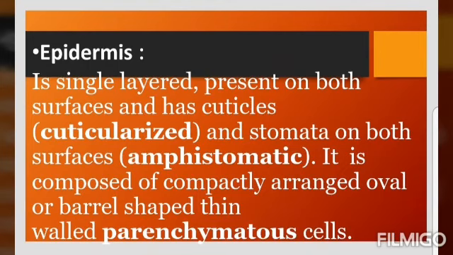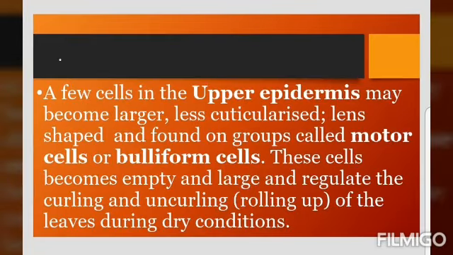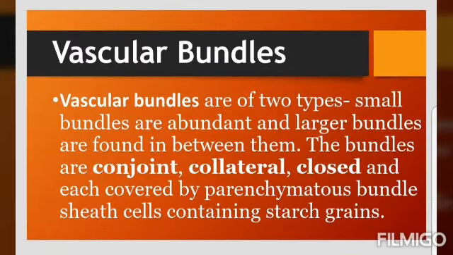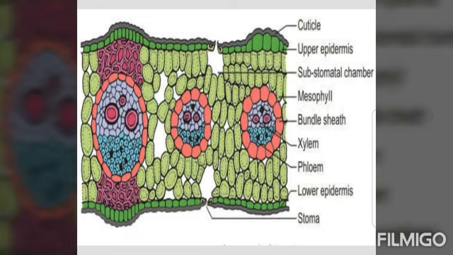It shows the following characteristic differences. In an isobilateral leaf, the stomata are present on both the surfaces of the epidermis, and the mesophyll is not differentiated into palisade and spongy parenchyma. In grasses, certain adaxial epidermal cells along the veins modify themselves into large, empty, colorless cells.